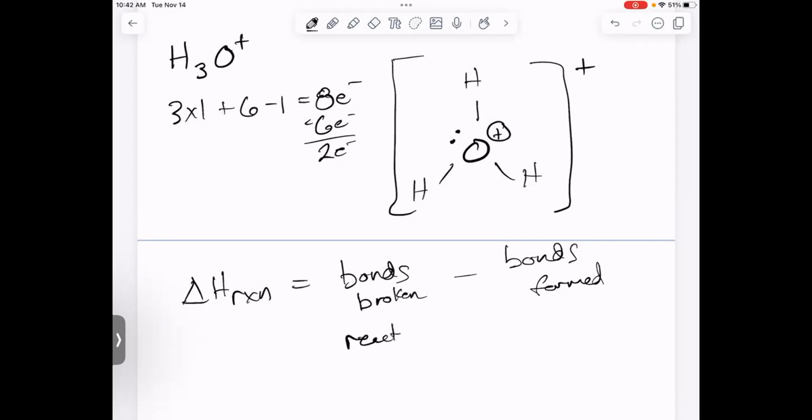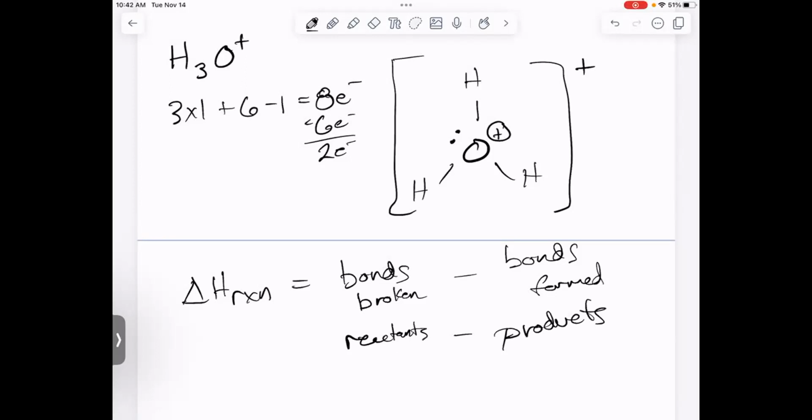So it's reactants minus the products in this case, which may seem a little backwards, but it's because of the energy and what's happening. If we're breaking bonds, we're putting energy in to break bonds. When bonds form, they release energy. And normally when we see tables of bond energies, they're always listed as positive values. It's the energy it takes to break the bonds. So that's why this looks like this for this order.